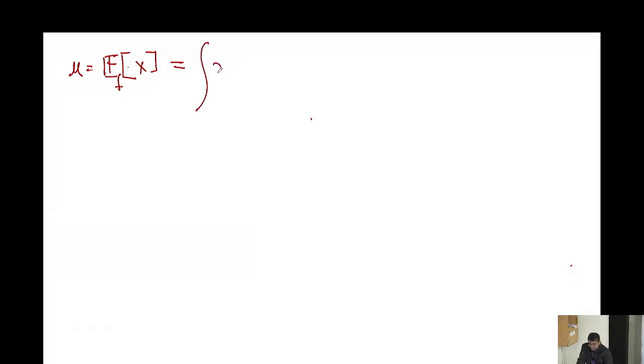Integration of x f_X(x) dx. I have not written the limit, but the limit is minus infinity to plus infinity. Okay, so all possible range. So this is your mean or the first moment.